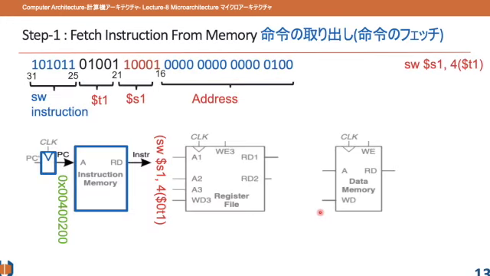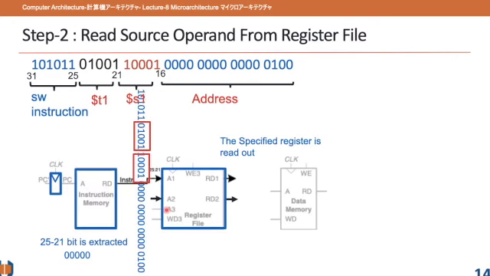Okay, let's have a look at each of the steps. First, the instruction is fetched using the program counter. Here you will get this instruction: store word S1, offset, T1. The second phase is sourcing the operands.